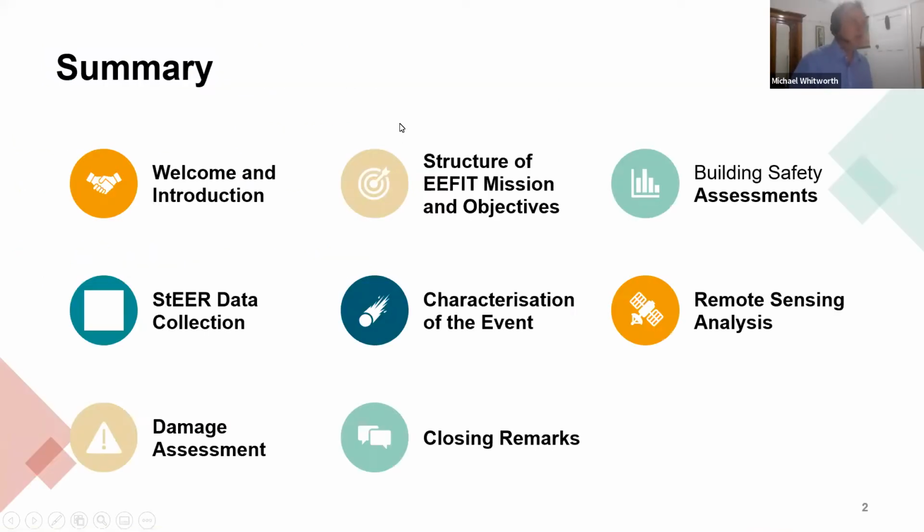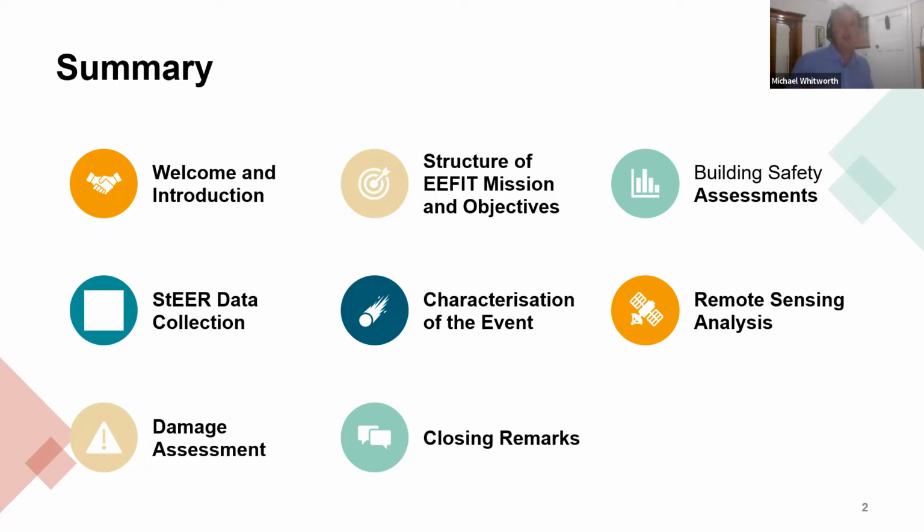So without further ado, just as an introduction, I'll provide an introduction to the project and the structure of the EEFIT mission and how we link them to the overall EEFIT mission and their objectives, before I hand back to Josh to provide an introduction and some background into some rapid building assessments that was undertaken directly after the earthquake, which forms part of the introduction to our data collection.